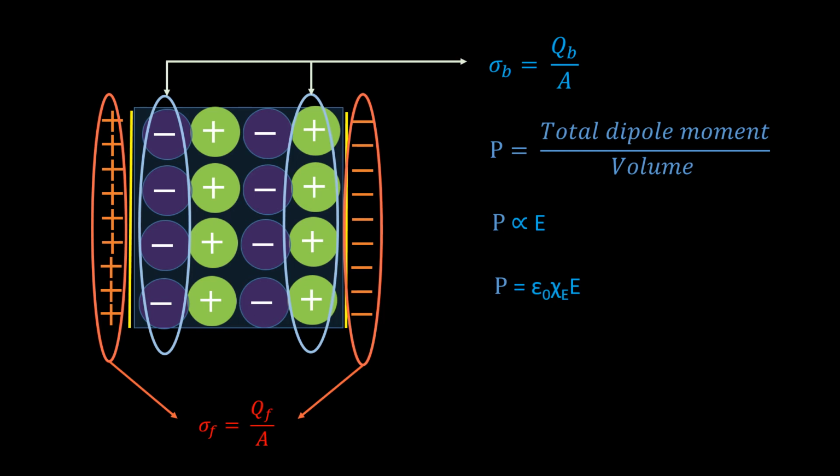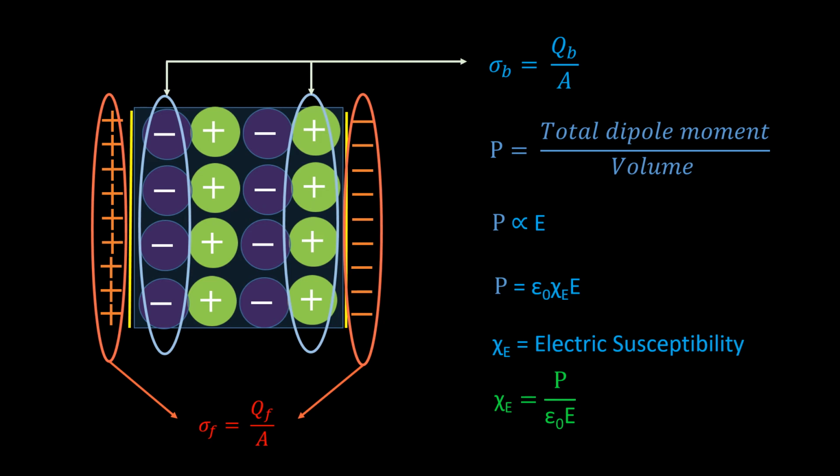The other one is chi e, and that is called electric susceptibility, which depends on the material and on the temperature of the material. And most of the time we decide which dielectric material we should go for depending on the value of susceptibility. Thus, if we define susceptibility, we can say that chi e is polarization produced per unit electric field.